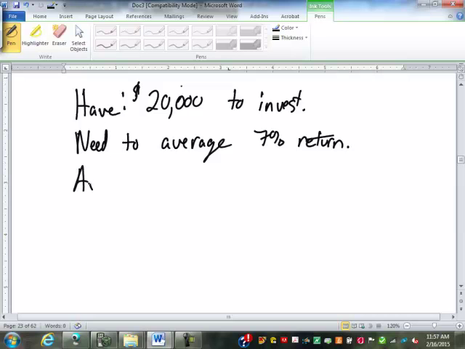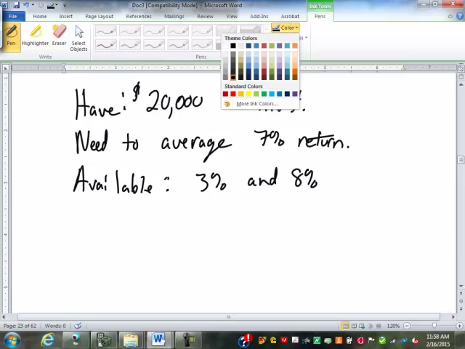And what we have available, we have investments that are predicted to give 3% return and, oops, let me adjust that a little bit, 3% return and 8% return. So how much do we put in each?